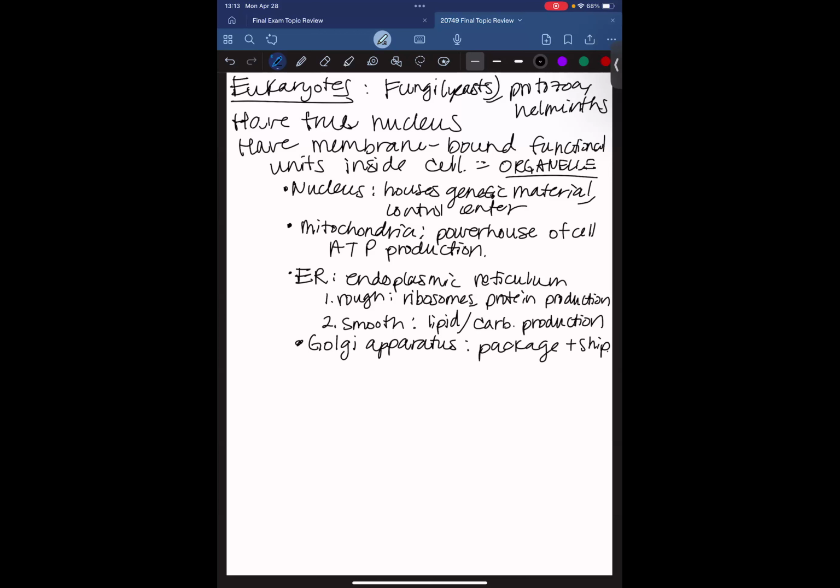Okay, beautiful. We have other structures in the cell like lysosomes and vacuoles. A vacuole is basically just a storage vesicle. It stores like water or food or anything like that. Whereas a lysosome is basically a vesicle that just contains digestive enzymes and toxic molecules that can help digest foreign material, including pathogens.